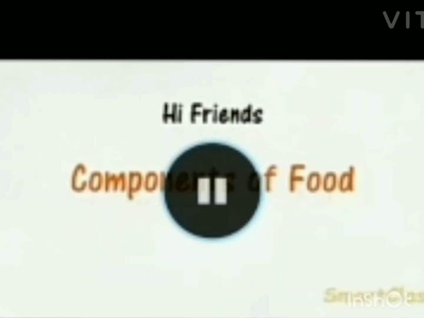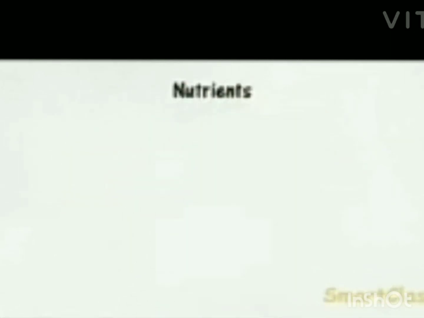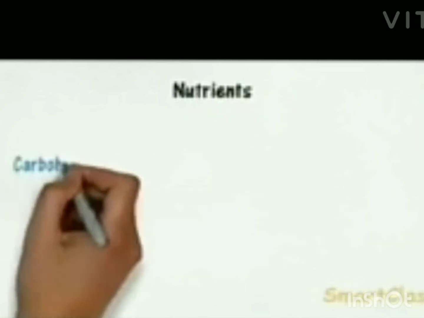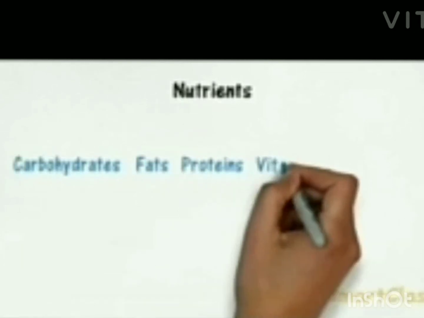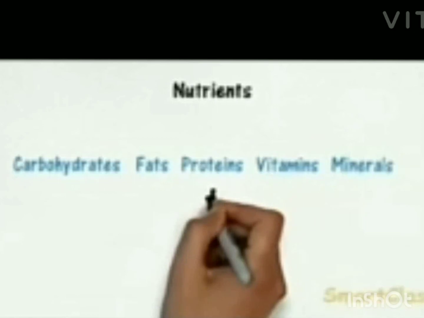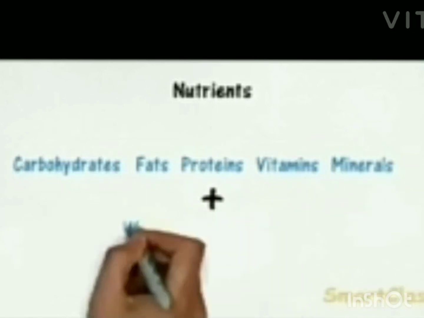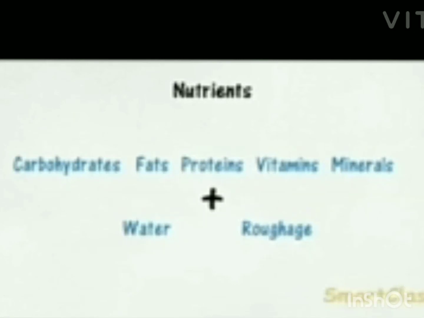Hi friends, components of food is our chapter. Now we can go through the examples for nutrients: carbohydrates, fats, proteins, vitamins, minerals, plus water and roughage.